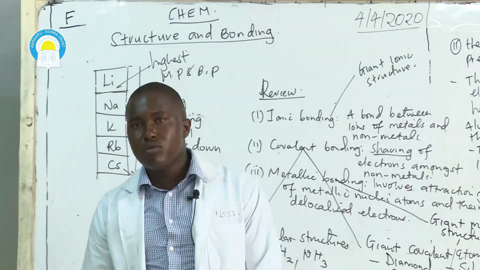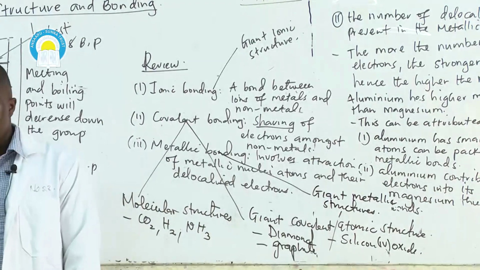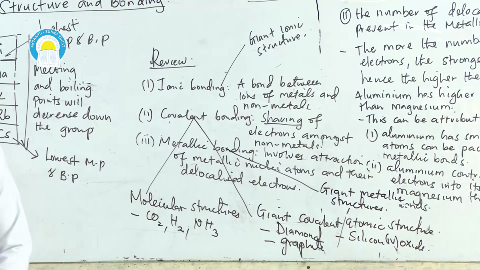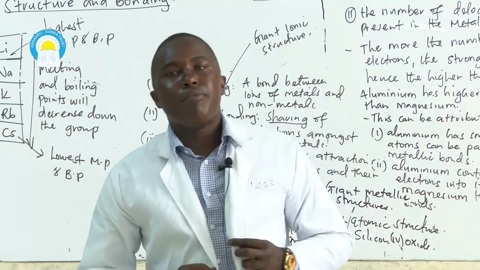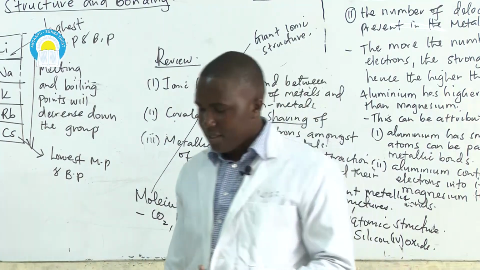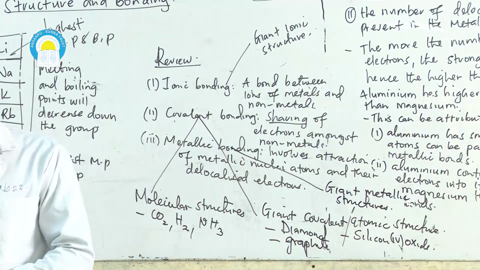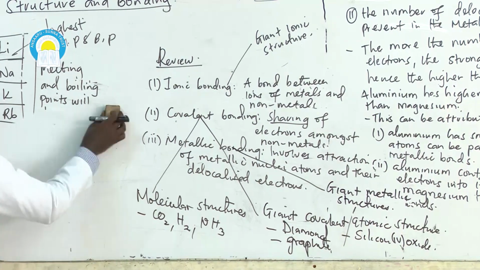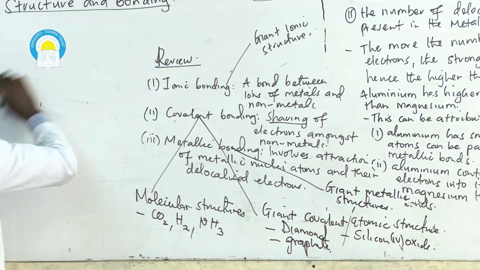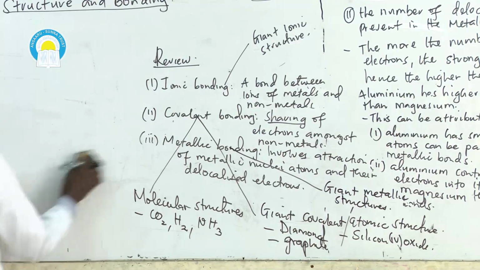So I want us to move forward to the next thing. That is, we want to look at some of the properties of compounds in period 3, like the oxides, when it comes to structure and bonding. So we want to look at some of the trends.